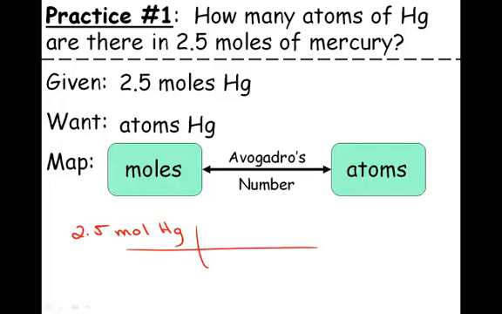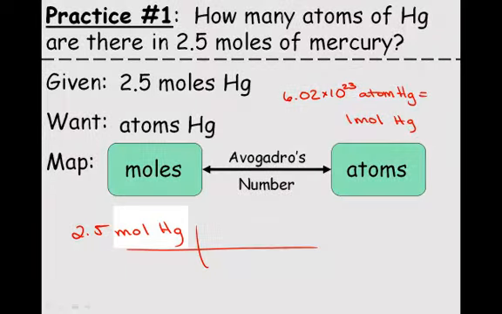So now that I have my 2.5 moles of mercury, I'm going to draw my conversion and use Avogadro's number. Remember, Avogadro's number says 6.02 times 10 to the 23rd atoms of mercury is equal to 1 mole of mercury. So, what do I want to cancel out?